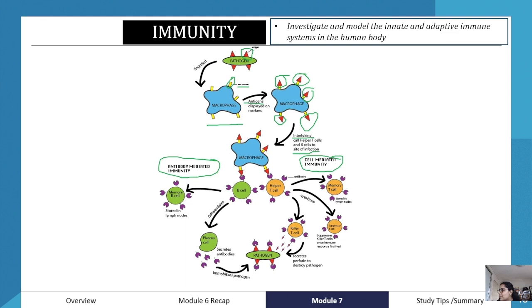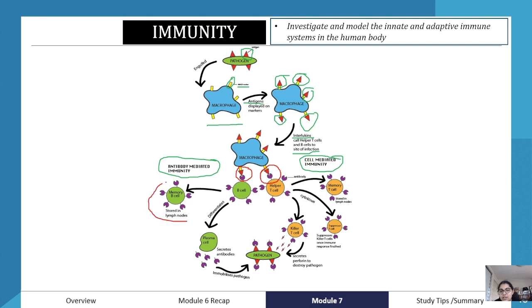And what happens is, let me change my ink color. With the helper T cells, they've got the T cell receptors here, and they latch on to the antigen here, and the same thing happens with the B cells. The B cell will then differentiate into plasma cells and memory B cells.